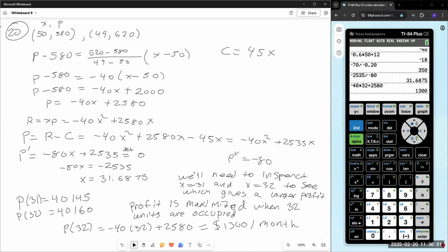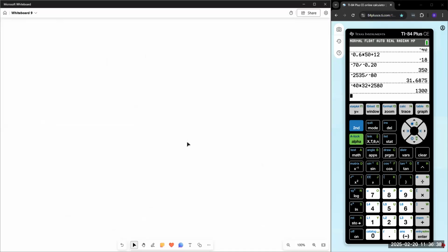Look now at number 21. It asks us to maximize revenue, and it says that when a wholesaler sold a product at $40 per unit, 300 units were sold per week.